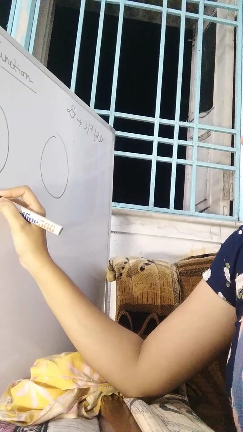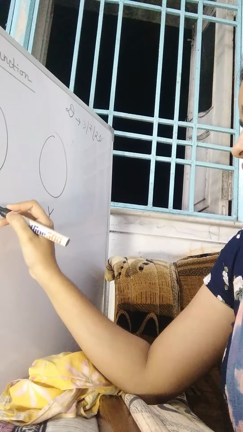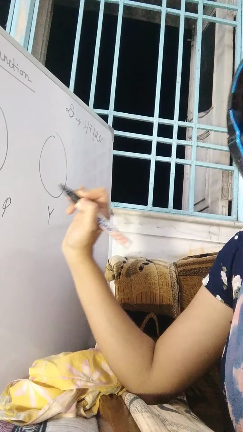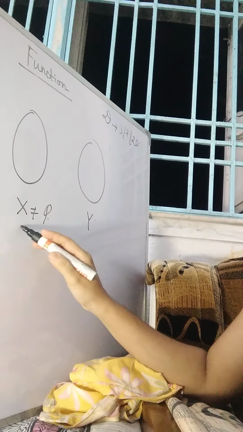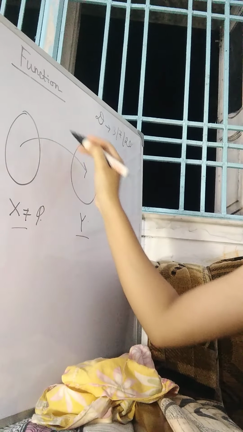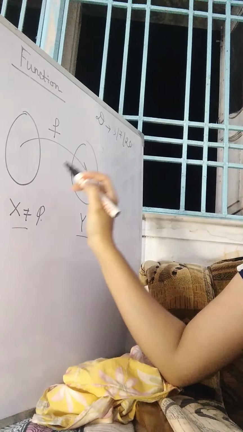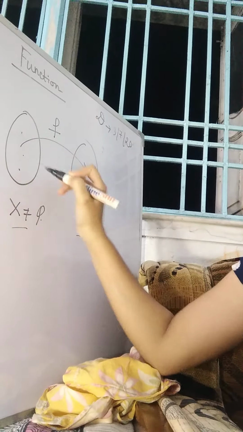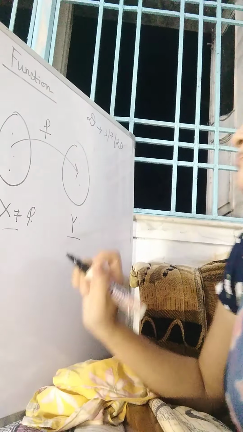There is a set X and a set Y which are non-empty, called the domain and the image. Then this f is a relation from X to Y, where X is a non-empty set.